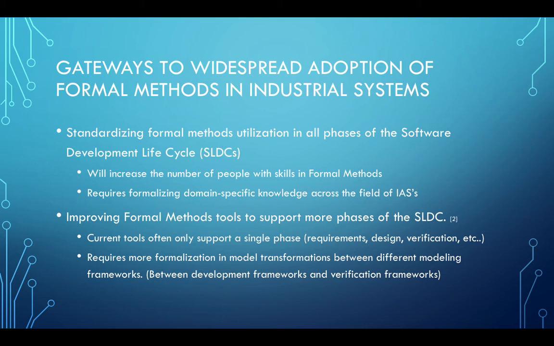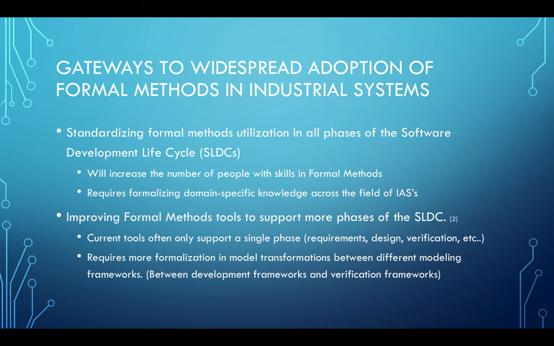And in my opinion, given my 10 years in industry, the lack of people in industry with proper training in formal methods is one of the main reasons it's not more widespread. But for the use of formal methods to be standardized, the domain-specific knowledge across industrial automation systems needs to become more formalized itself.